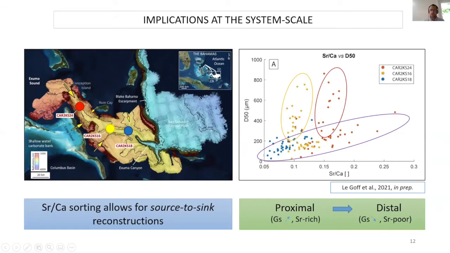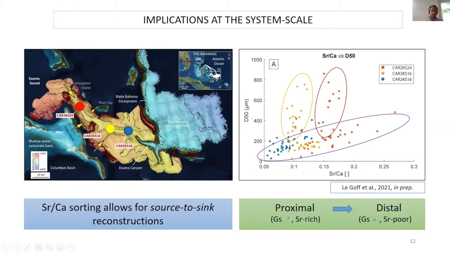grain size, you basically have a trend from the more distal site, which is KS18, towards KS24 with the strongest strontium response. You also have two excursions here, which are pretty interesting, for KS16 and KS18 with coarse grain material.